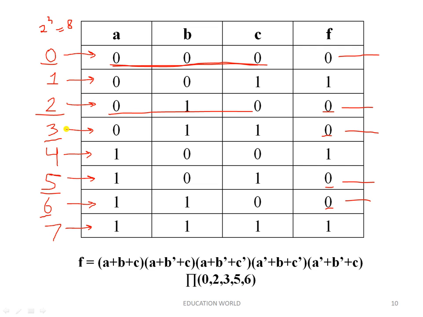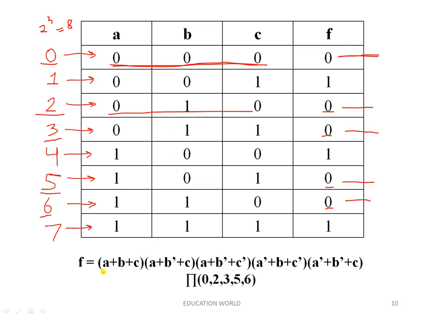So in order to make the expression of canonical product of sum, we will see the 0s. For these 0s we write the product of sum expression.